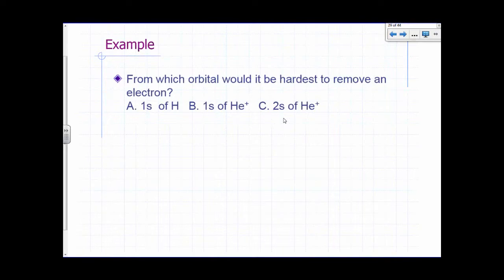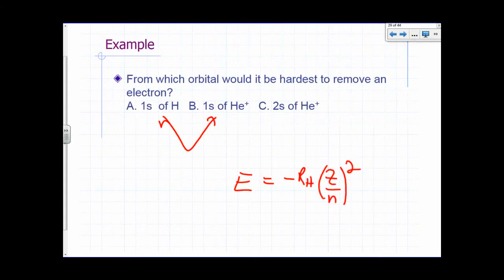All right. From which of these would it be hardest to remove an electron? 1s of H, 1s of He plus, or 2s of He plus? Okay, you really don't need to calculate it. Let's just compare H versus He plus. Remember your formula, E equals negative R sub H Z over n squared.